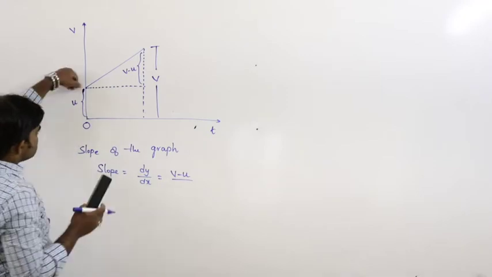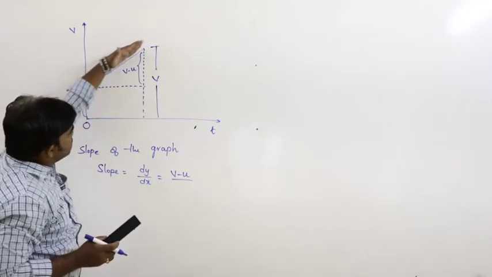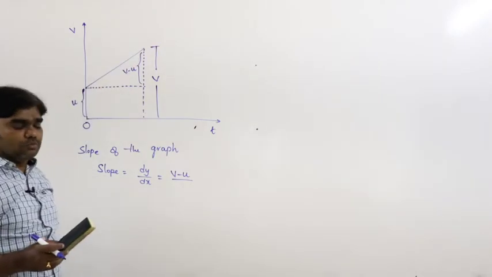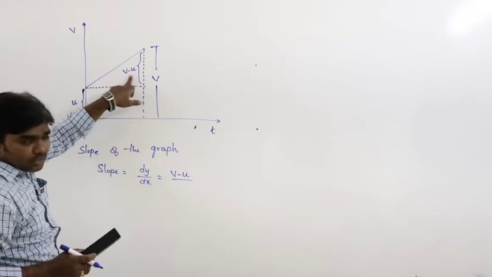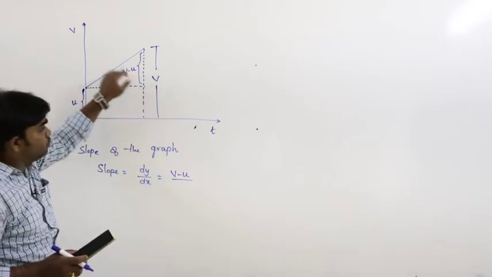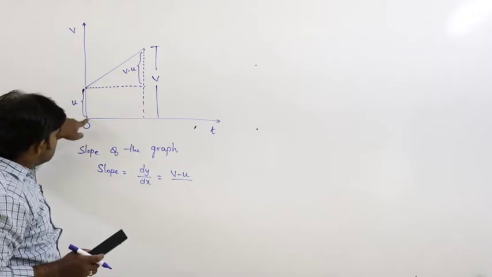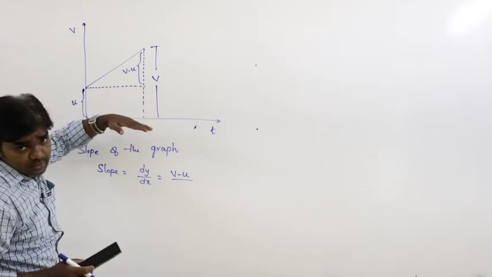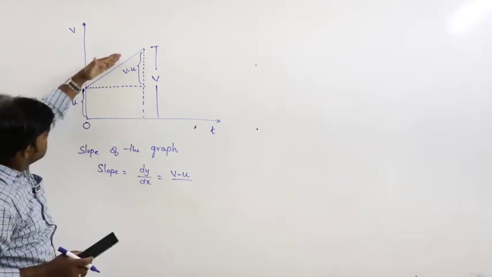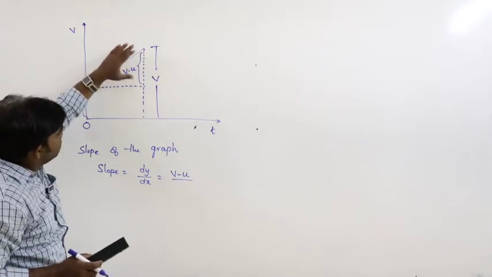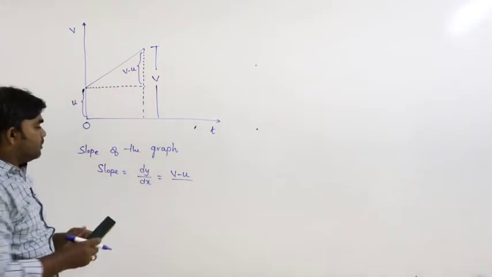The graph starts from this position and has this shape. For this shape the slope is y component by x component. What is the y component here? V minus u, divided by the x component, which is t.